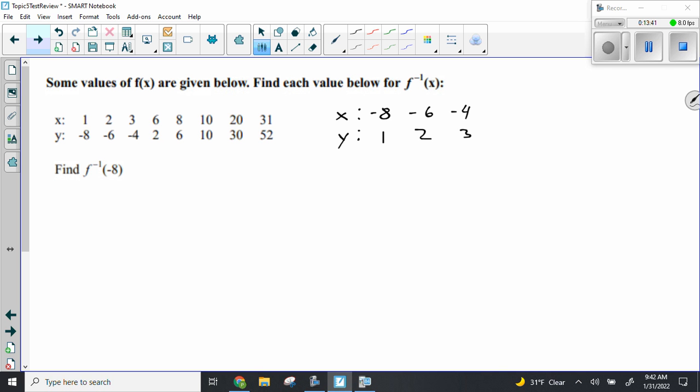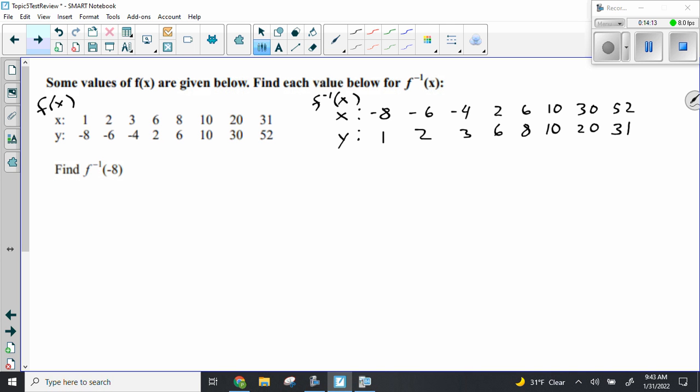And then we'll have 2, 6, 6, 8, 10, 10, 30, 20, and then 52, 31. So this here is f inverse of x, if this one is f of x, okay?